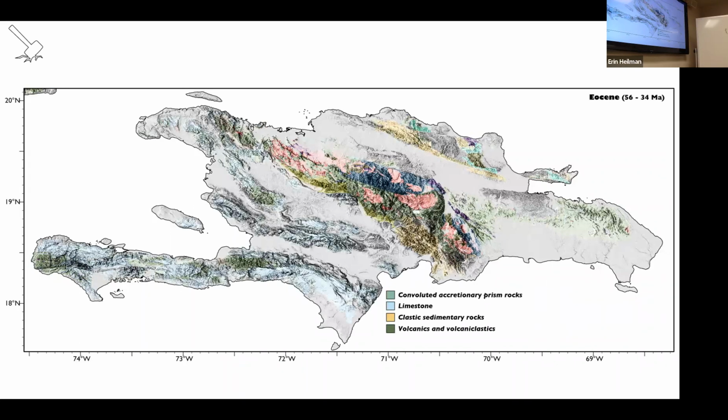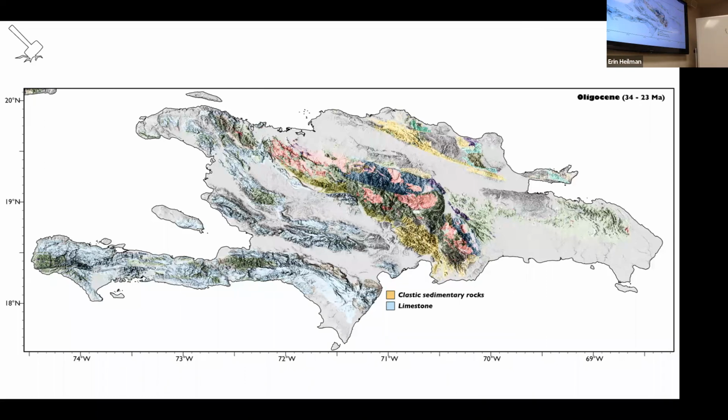And then the Eocene is an important time in Hispaniola, because you have the onset of clastic deposition in this basin here, the Ocoa Basin, just to the south of the Central Cordillera. And that's important because that's depositing on top of an erosional unconformity that's marking the transition in Hispaniola. So that's kind of our evidence for the transition in Hispaniola, is the onset of clastic sedimentation in this basin. You have clastics deposited in the northern portion of the island as well.